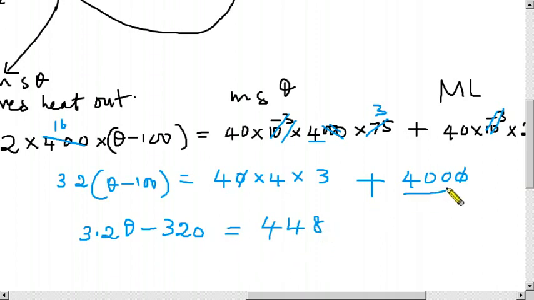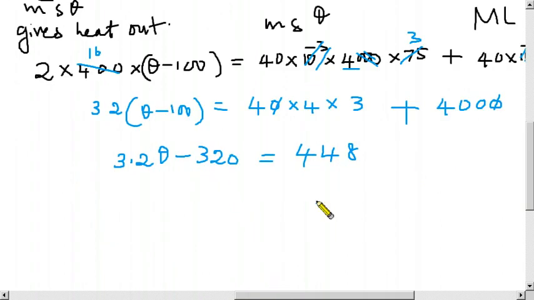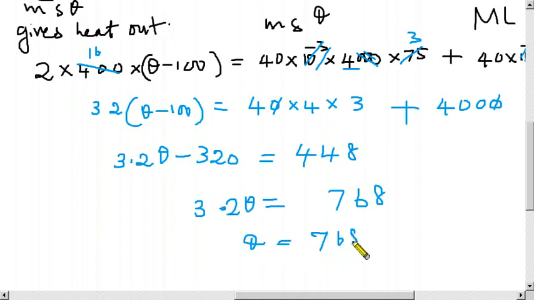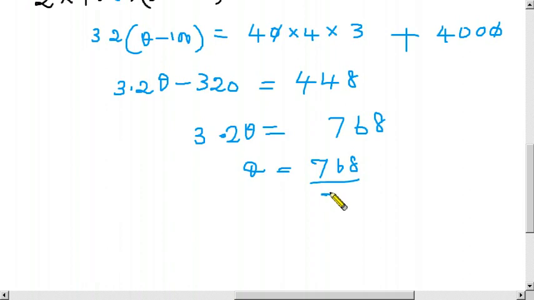So here only 400, this 0 is cancelled. Here we take this one to the right side, then we have to take the sum: 768. Here 3.2 theta. So theta equals 768 divided by 3.2.